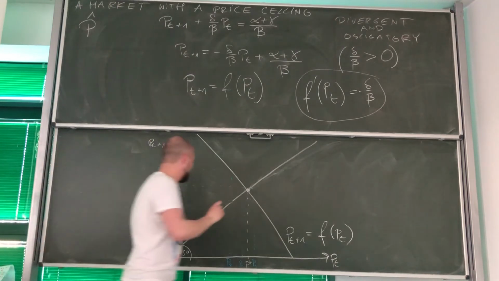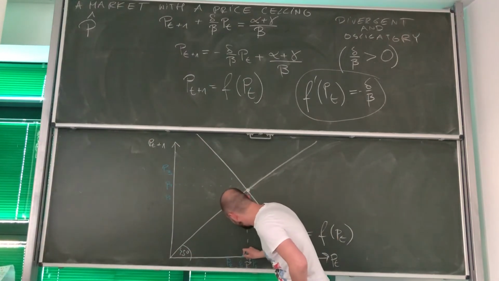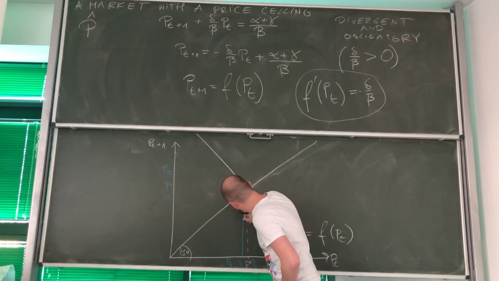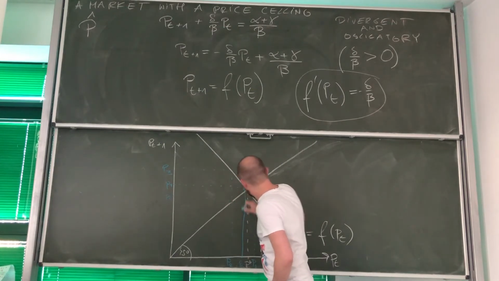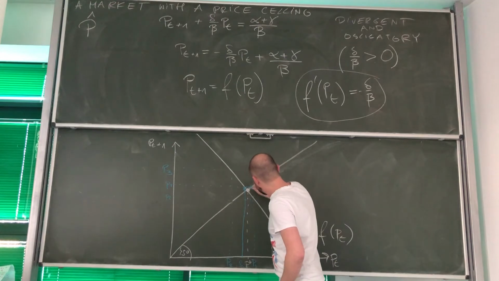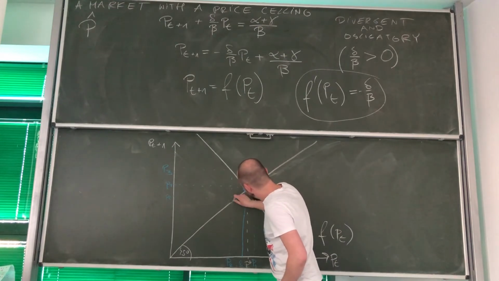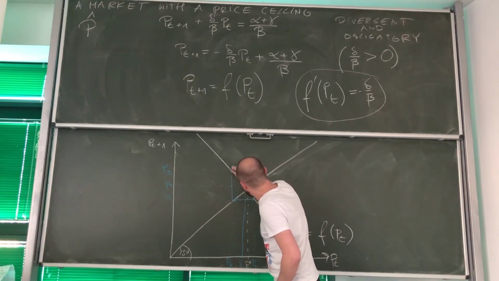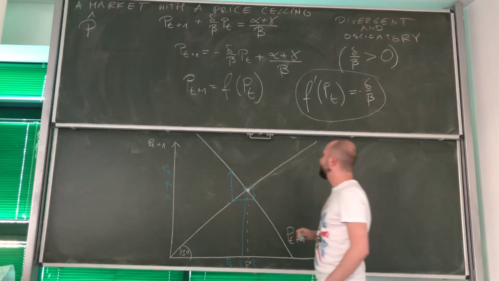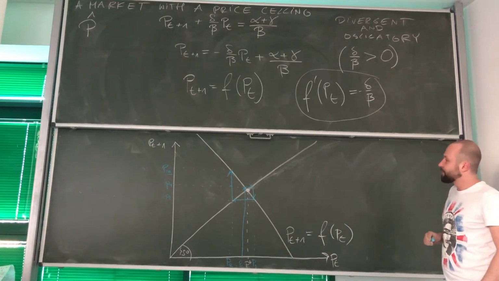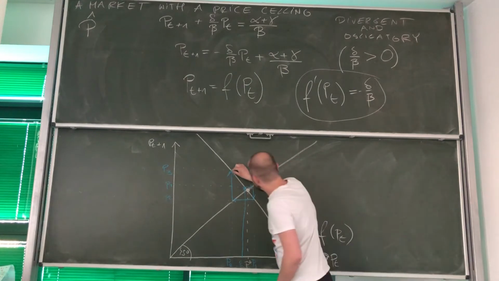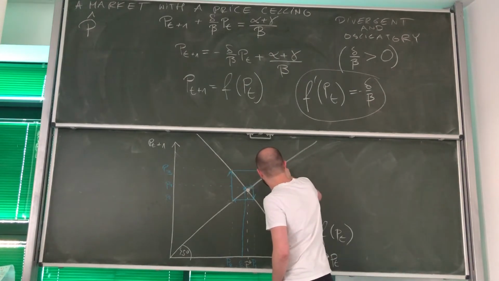Okay, let's just make arrows to see what is happening here. First we got here, and we see that with every turn we are getting further and further away from the equilibrium.